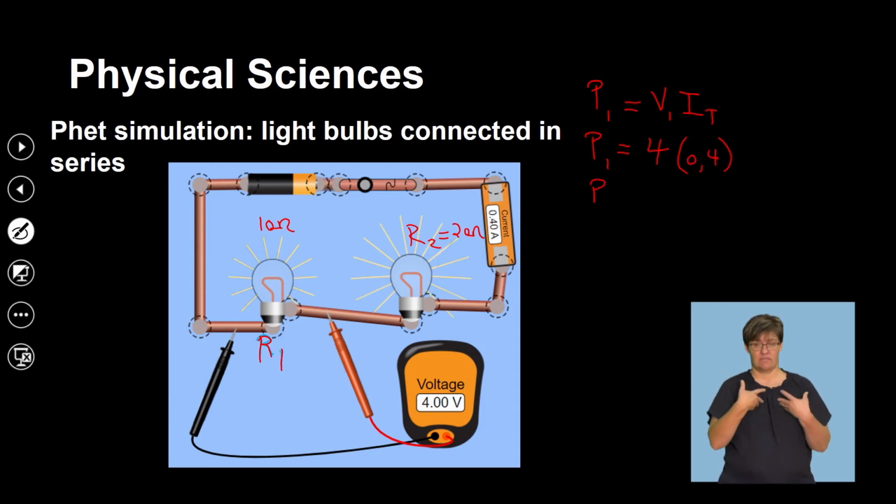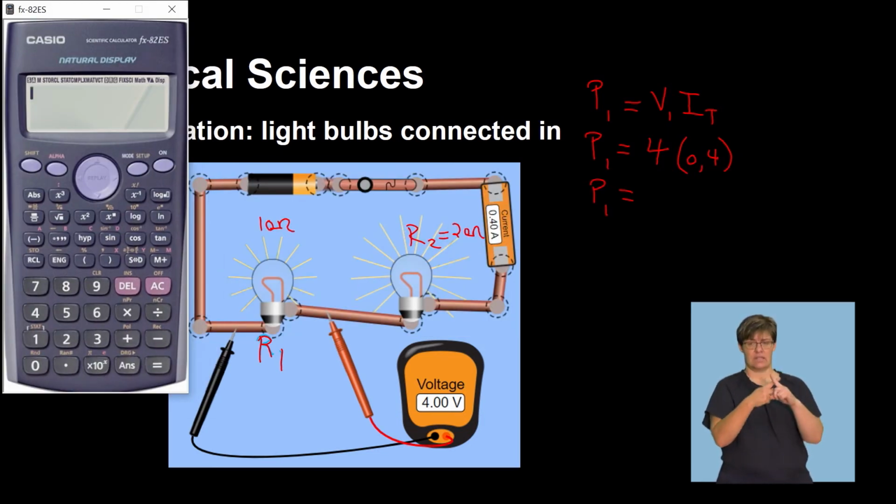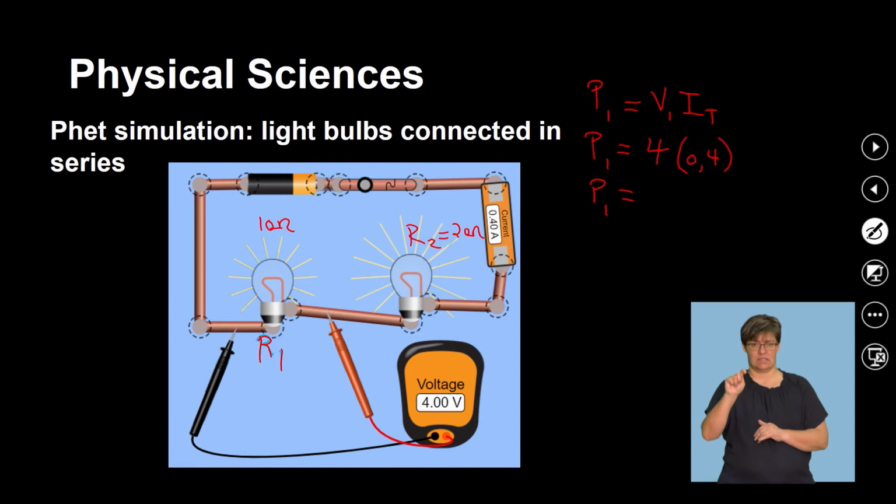If we quickly go to our calculator, 4 multiplied by 0.4 gives us 1.6. So this is 1.6 watts.